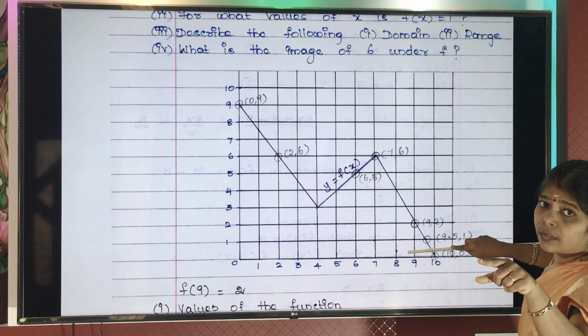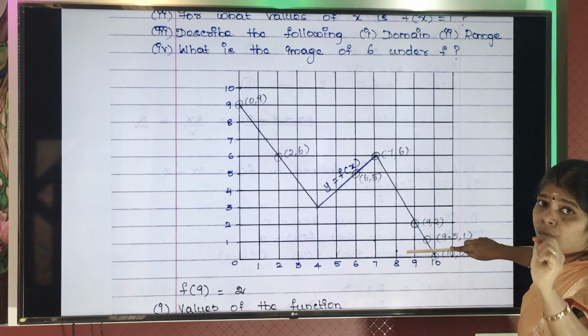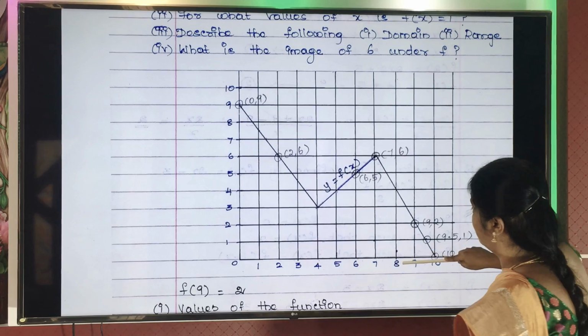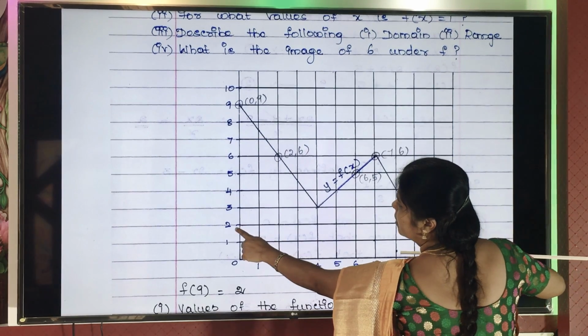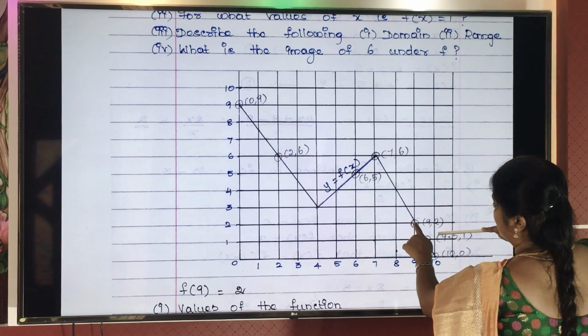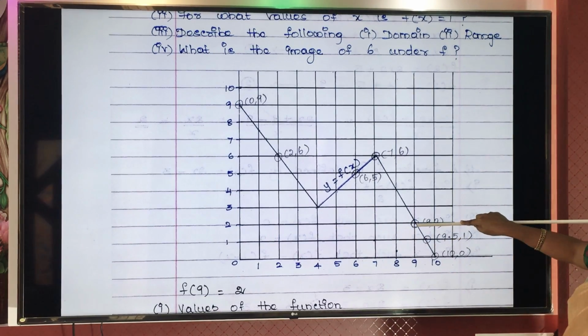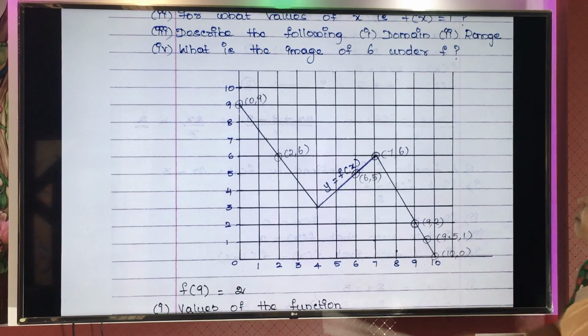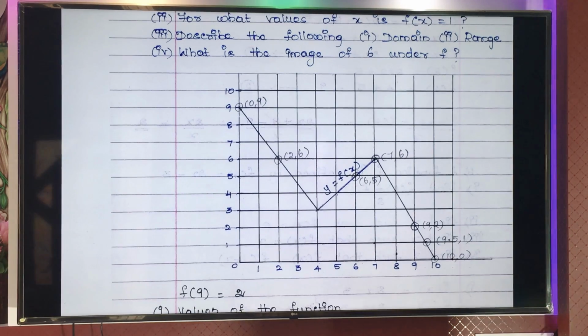Equal to 2 they told, isn't it? So where you will find 2? Yes, you need to find out in the vertical axis. Okay, where is it? It is here. Can you all see? Yes. So this is the point where it is given as f of 9 is equal to 2. This is the point. Yes. Please scroll down.